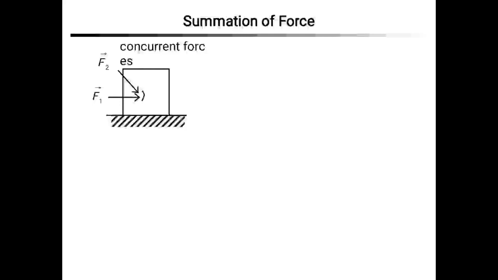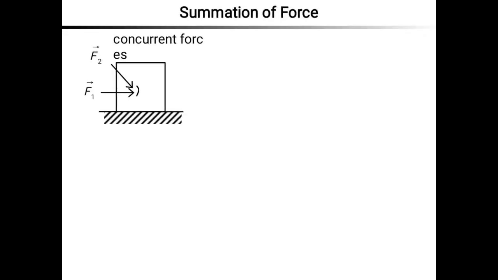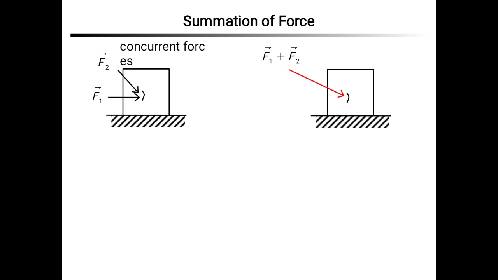There are different types of forces. Normally a concurrent force means it acts on a single point. That one is called a concurrent force. In this one we can see forces F1, F2. These are all acting along a single point. So that is called a concurrent force. We can mention it as F1 vector plus F2 vector.